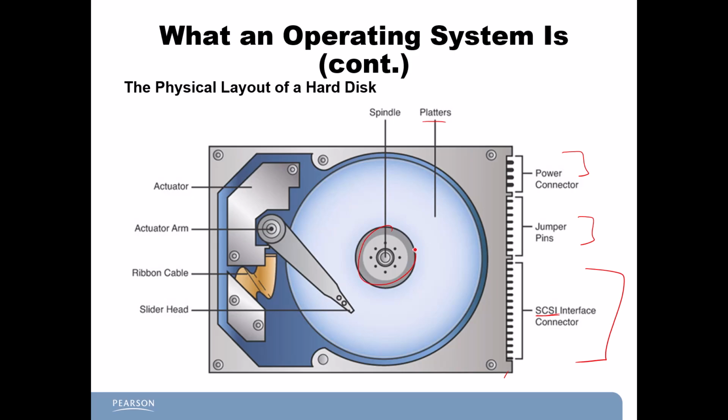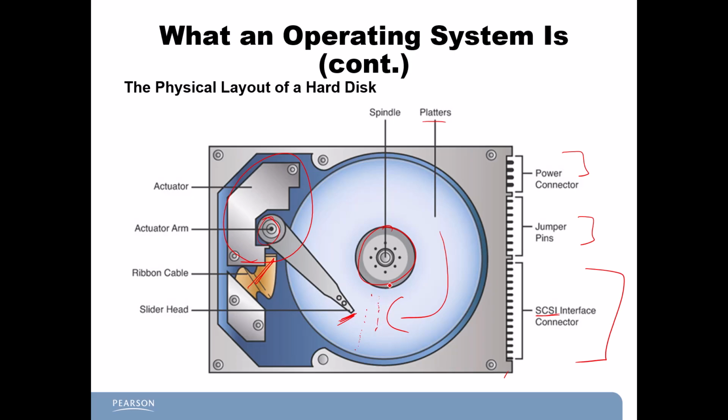We have a spindle, which is the middle portion that allows the disk to spin. We have a read-write head that actually reads the data on our platter, with some type of data connection to our arm. We have an actuator arm, and then we have the actual actuator. This portion moves the arm over the sector so it can read the different data bits on all parts of the platter.